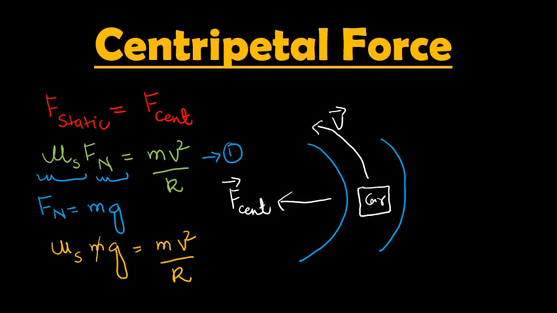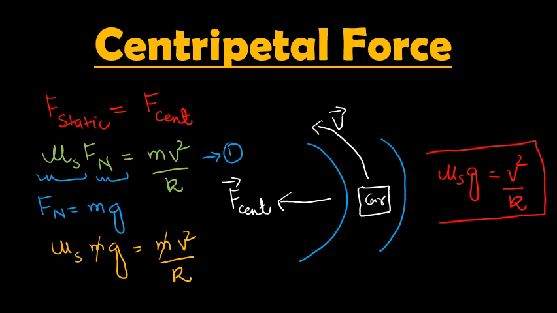So the mass will cancel with mass, and we will get mu s, the coefficient of friction, times g is equal to v squared divided by r. From this equation we can calculate the static force of friction.